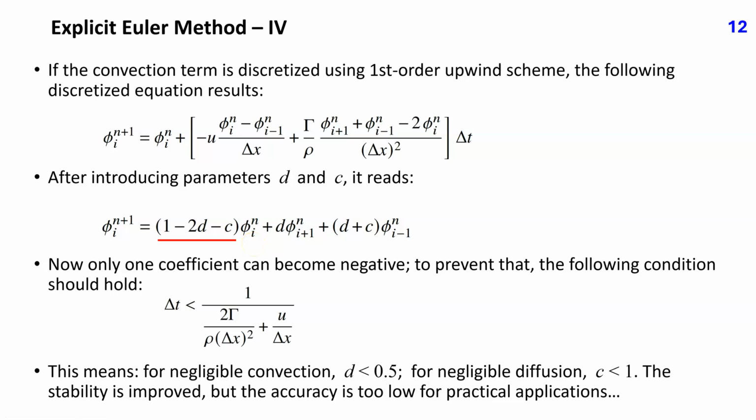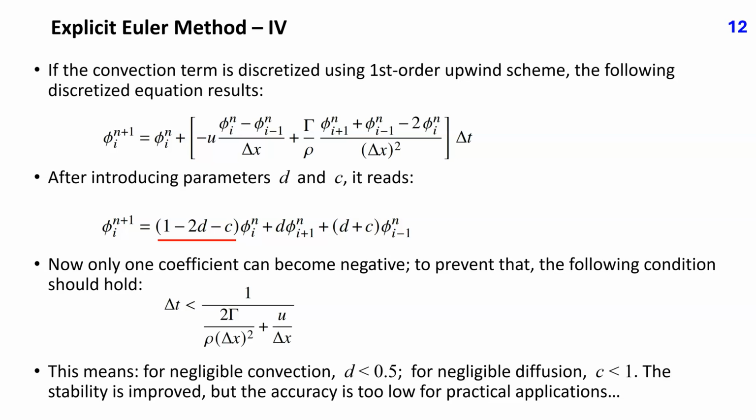To prevent that, the following condition should hold. This means that when the convection is negligible, d should be smaller than 0.5, which was also the case when central differences were used for convection term discretization. When diffusion is negligible, the above relation reduces to the requirement that the Courant number c should be smaller than 1.